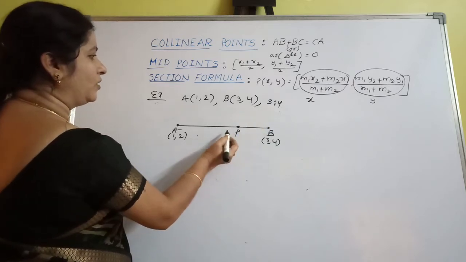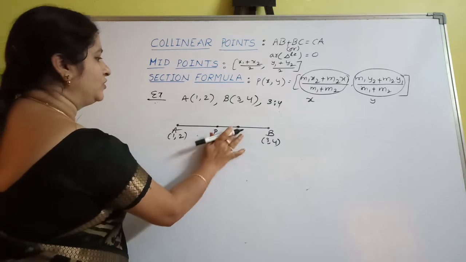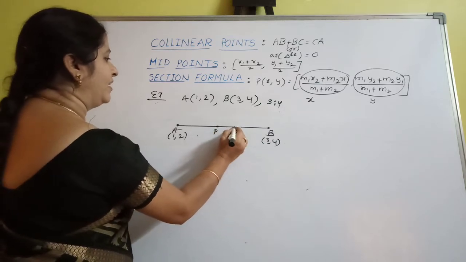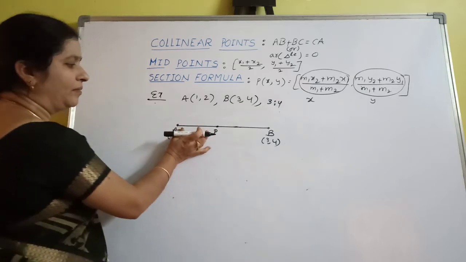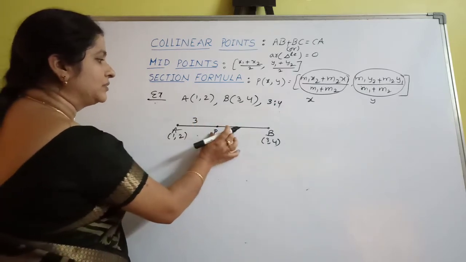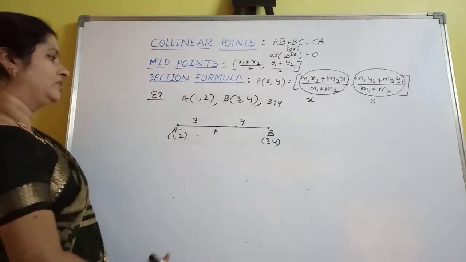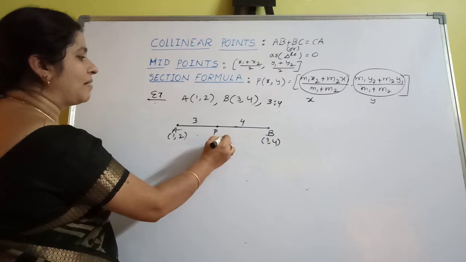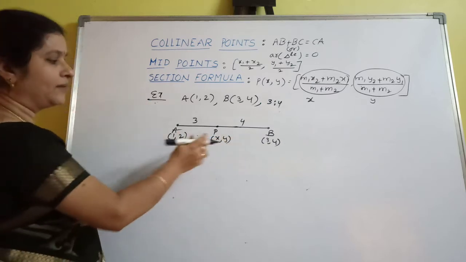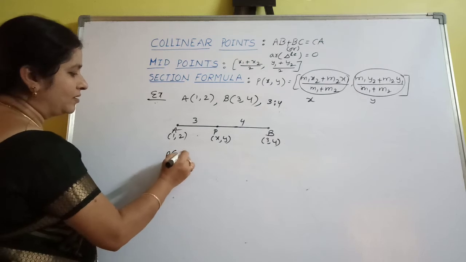So 3:4 ratio means we are taking the point P where AP is 3 parts and PB is 4 parts. So that is the 3:4 ratio. Let it be P(x, y). How can you find the point P(x, y)? What is the formula?